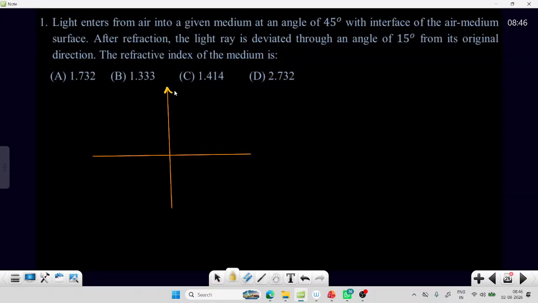Now, here this is a normal. The light ray which is falling like this is the incident ray, and they have given that it makes an angle of 45 degrees with the interface. This is called the interface or boundary.